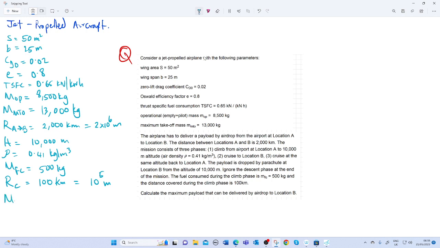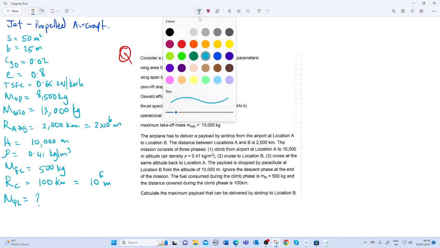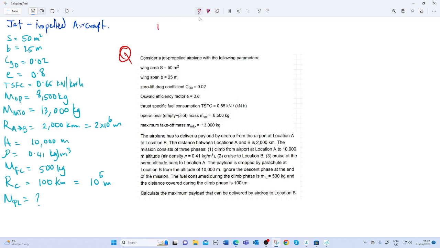Now we have to calculate the payload, the mass of the payload delivered, by using the Breguet Range Equation.